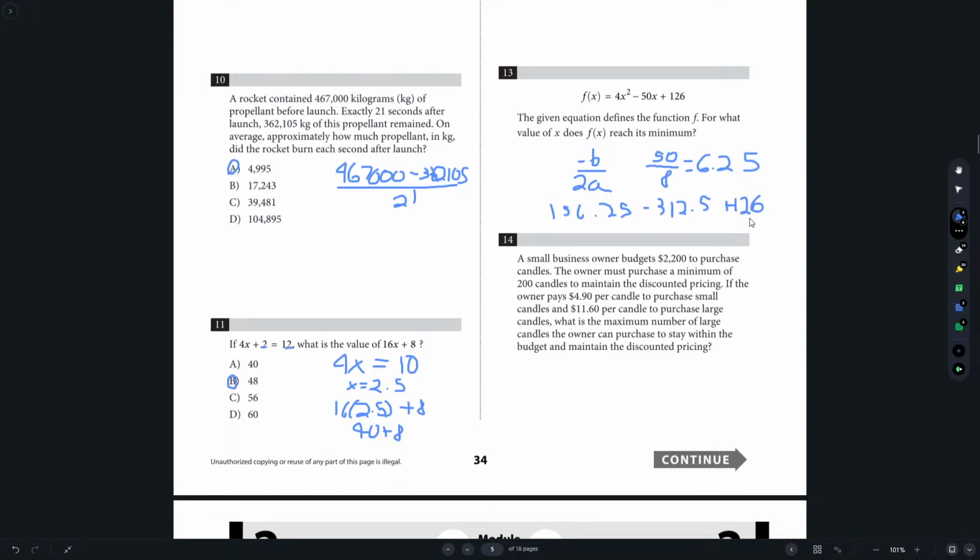Adding these all together, we get negative 30.25. Let's see if that makes sense. Well, we did plug in the x value. We expect this to be fairly negative, much more negative than this. So it makes sense that it is a negative number.